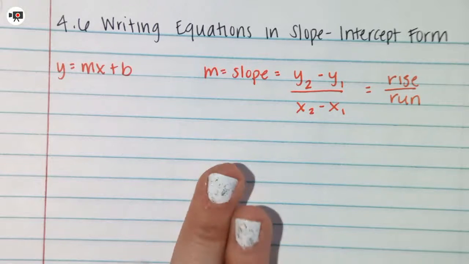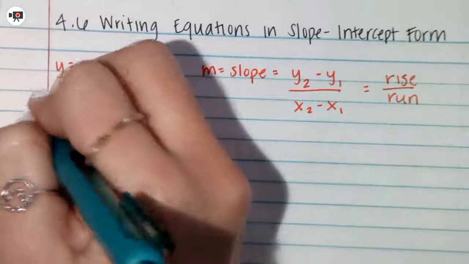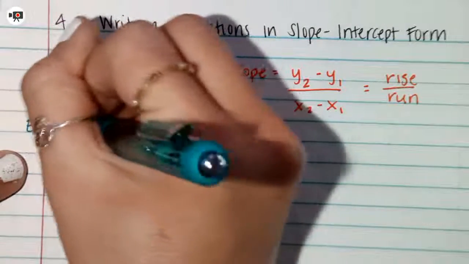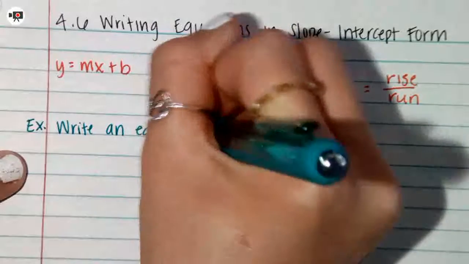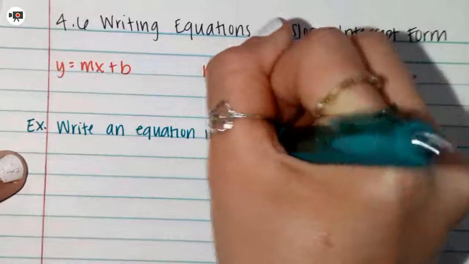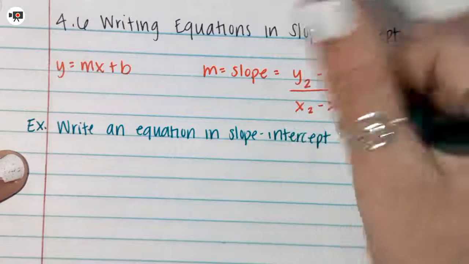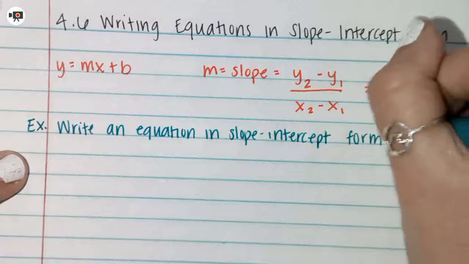So, if we have an example that says to write an equation in slope-intercept form that passes through the given points.